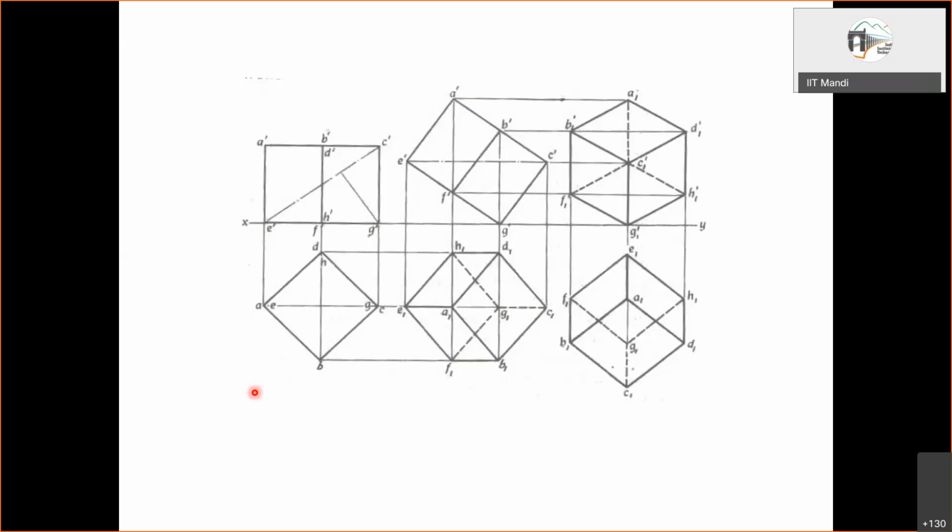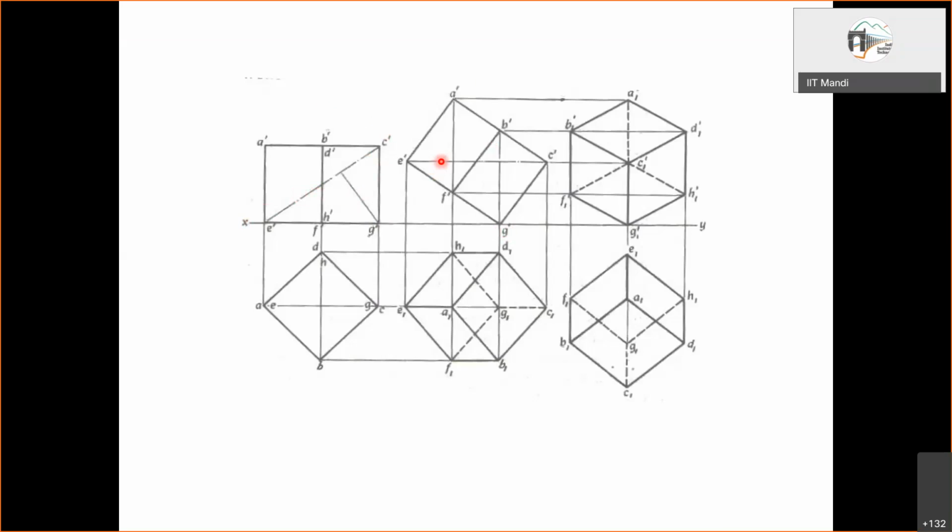So what has been done here is, first, a perpendicular has been dropped on this body diagonal. In the second step, this front view has been rotated about this point G. G does not change position, the rest of the points do, and it is placed in such a fashion that this body diagonal, which was parallel to the vertical plane but inclined to the horizontal plane, is made parallel to the horizontal plane also.